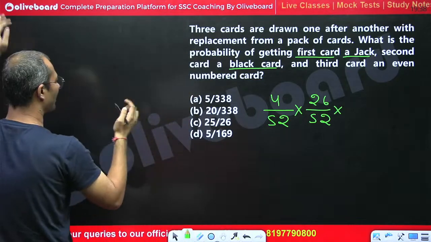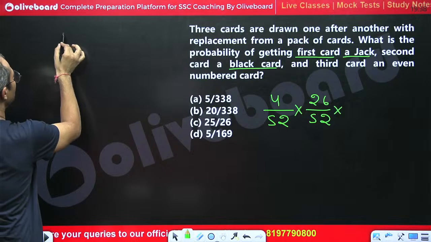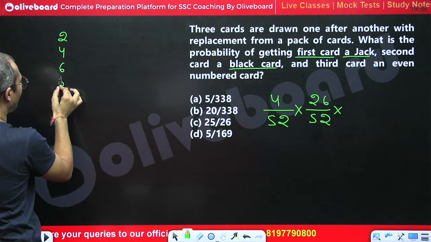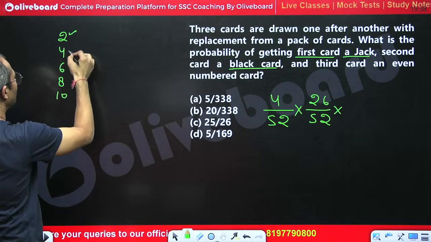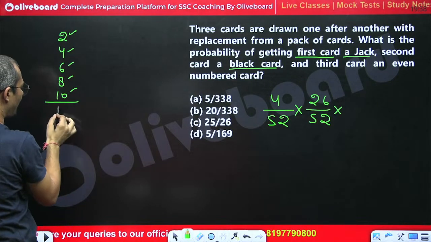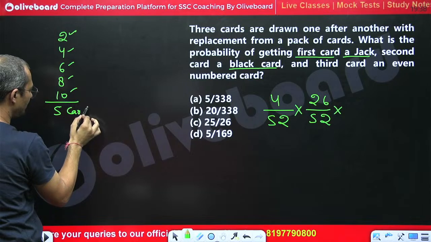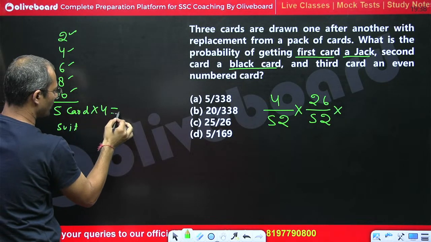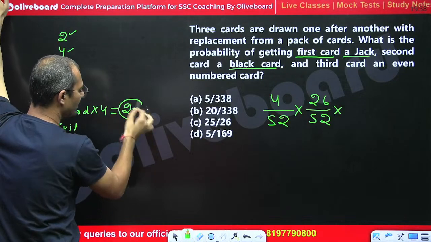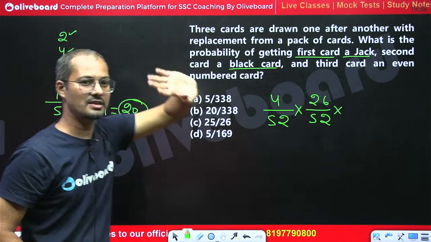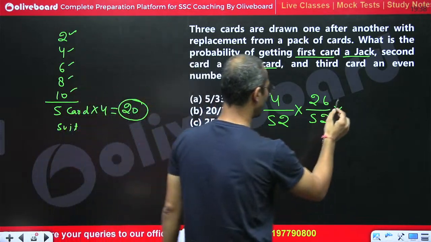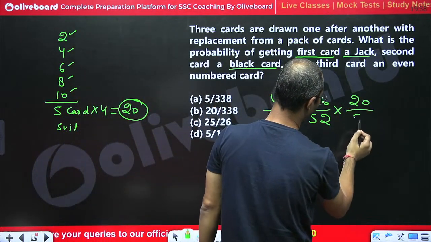There are 4 suits. In one suit we have 2, 4, 6, 8 and 10, so 5 cards in one suit. We have 4 suits, so the total would be 20 cards with even numbers. So the probability would be 20 divided by 52.